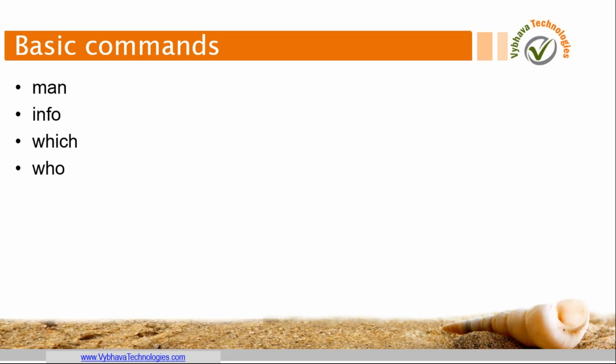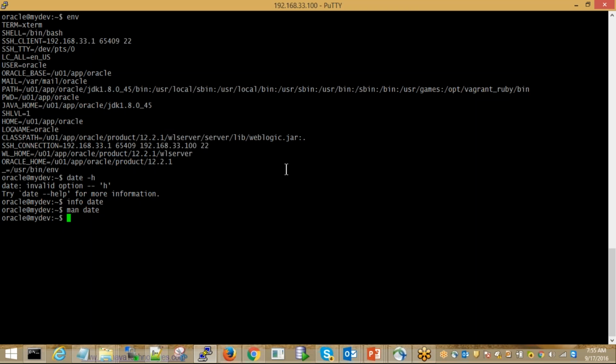Okay, and you also have the which command. It shows which path the command belongs to. You have a lot of paths. I just showed a lot of bins. So the date command belongs to the /bin directory. If you want to see ifconfig, the network command, it is present in sbin. It's a superuser command.